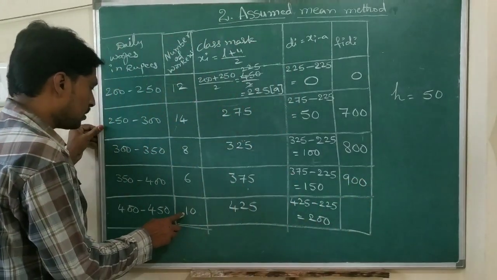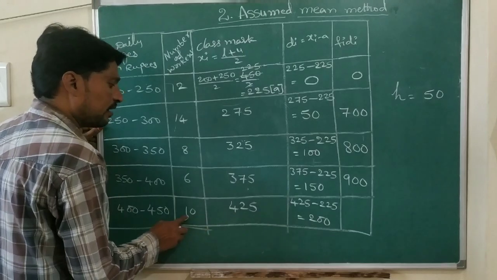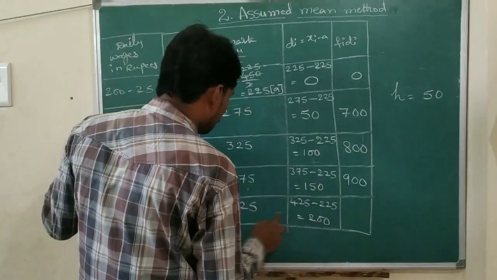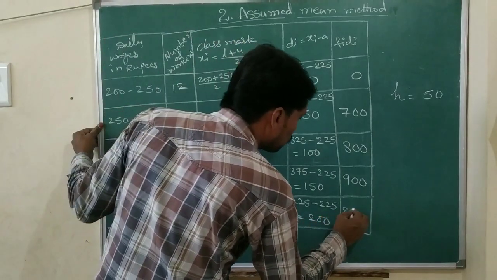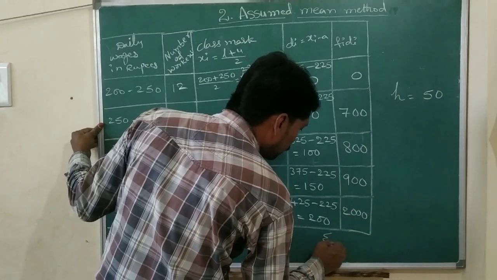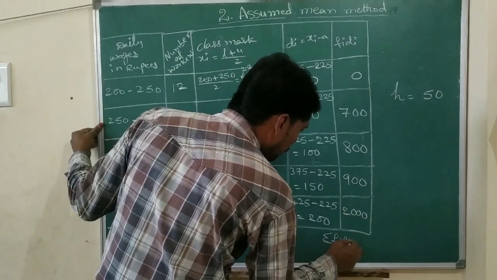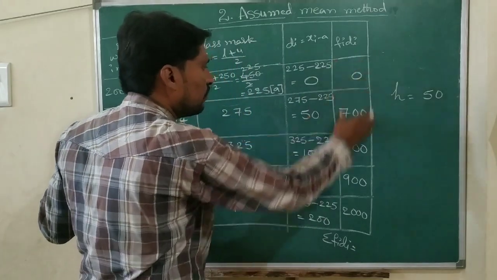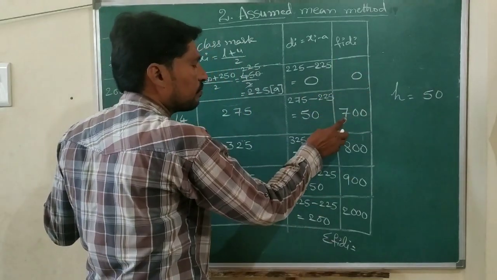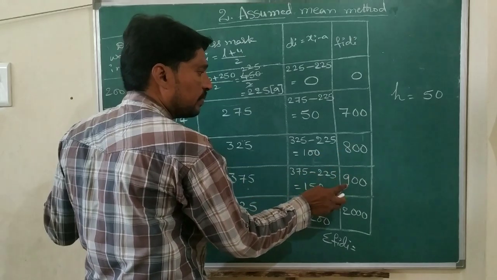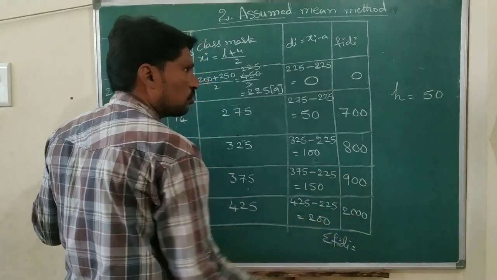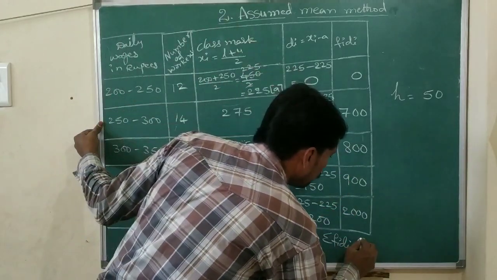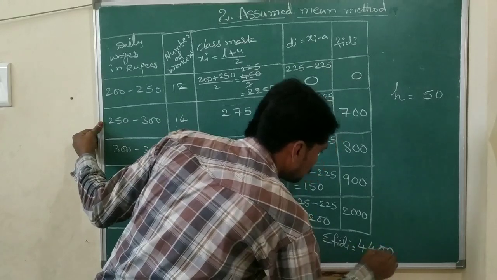Next class, fi is 10 and di is 200, 10 into 200 is 2000. Now we find sigma fi di by adding all of these: 0 plus 700 plus 800 plus 900 plus 2000, which gives 4400.